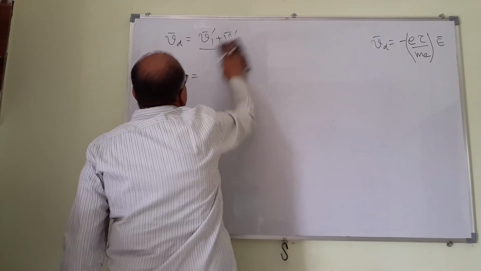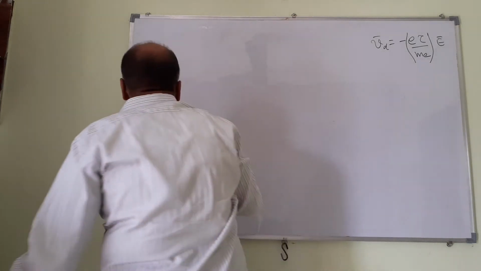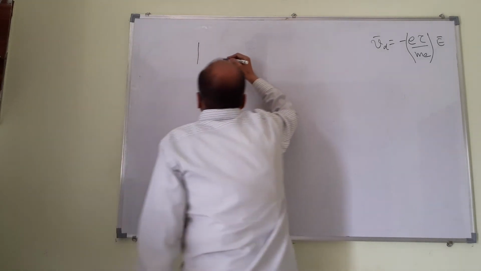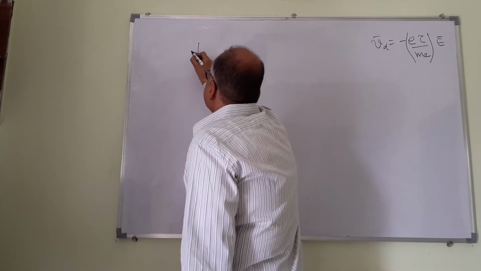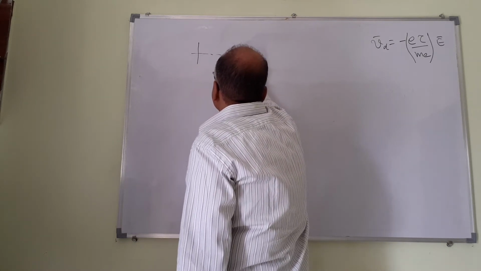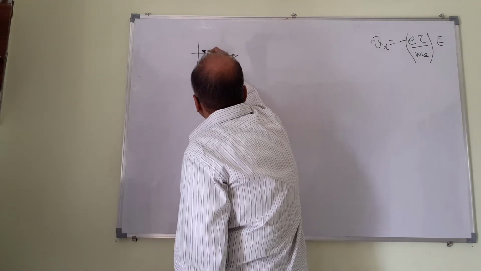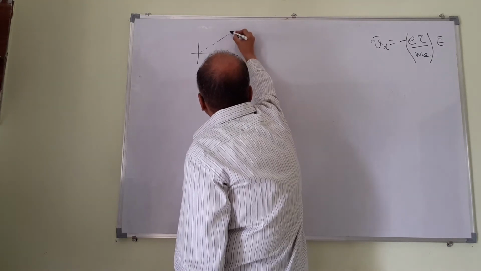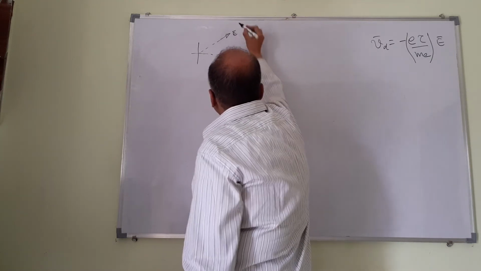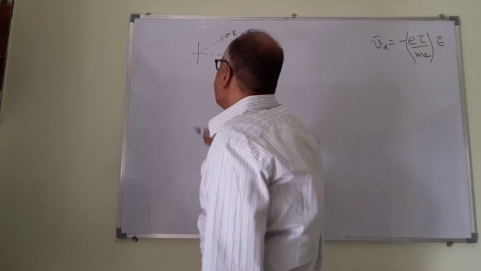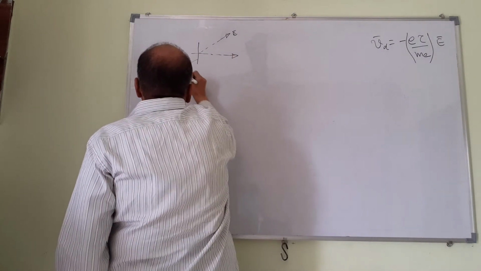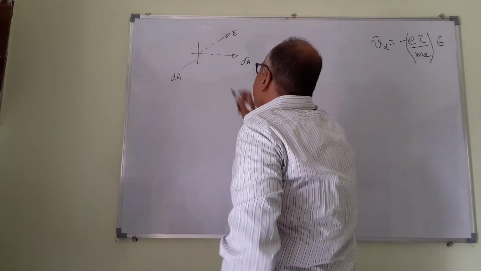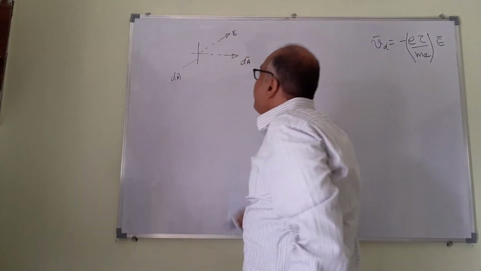So what we will do now is, we will consider an infinitesimal area dA, and this is the normal, and here at this location there is an electric field E. This is vector dA, this is surface dA, and there is an electric field, the angle is theta.